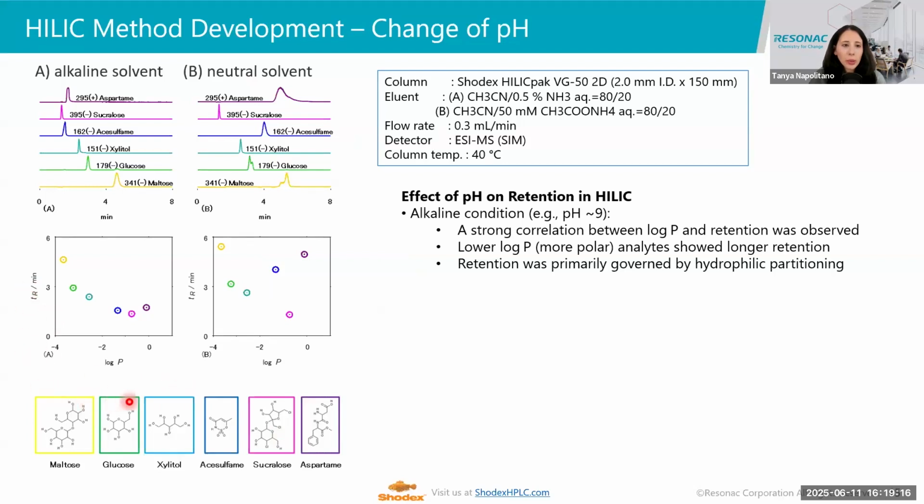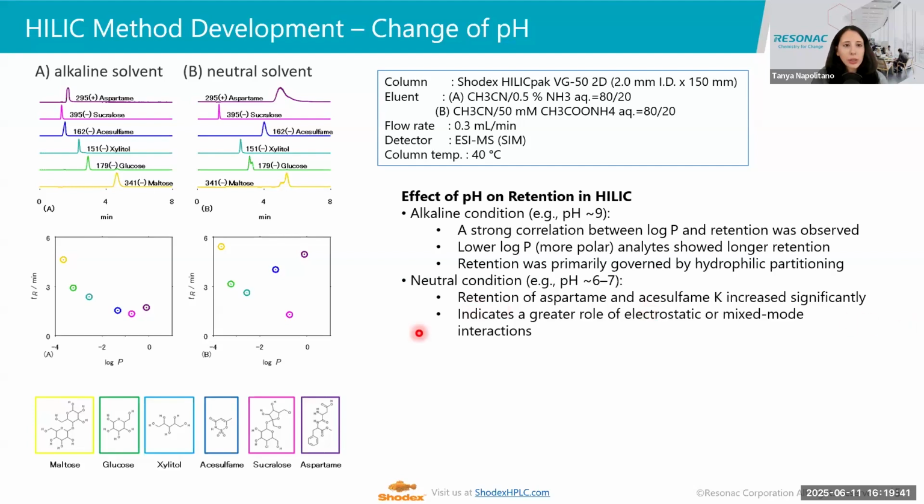In this case, the more polar analytes, those with lower log P values, are retained longer. So that tells us that hydrophilic partitioning is dominant under alkaline conditions. The stationary phase is deprotonated and there's minimal electrostatic interaction, so retention reflects how well each analyte partitions into the water layer.